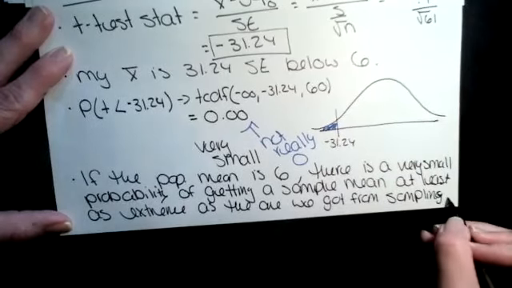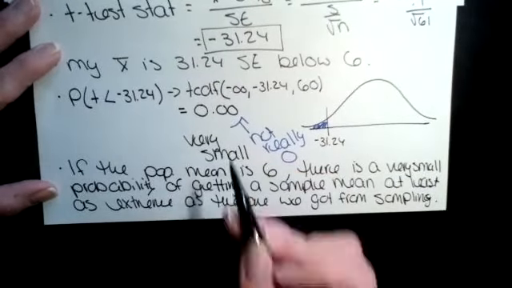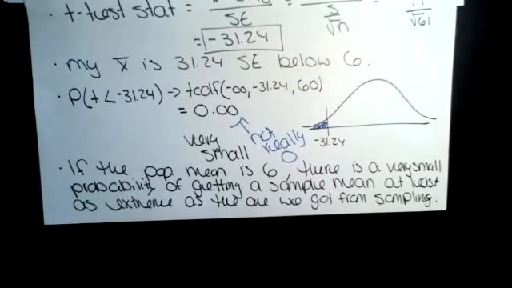Okay, same interpretation. I want you to see I use very small. I never use 0. Okay. All right, guys, so that's my results step.